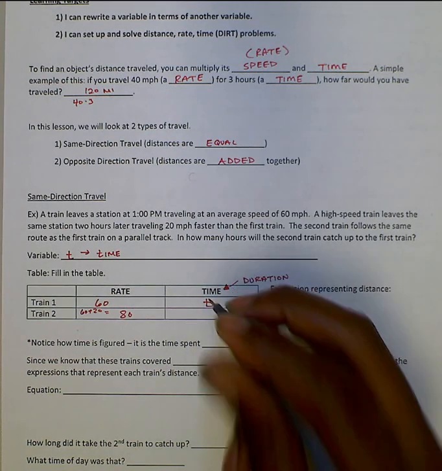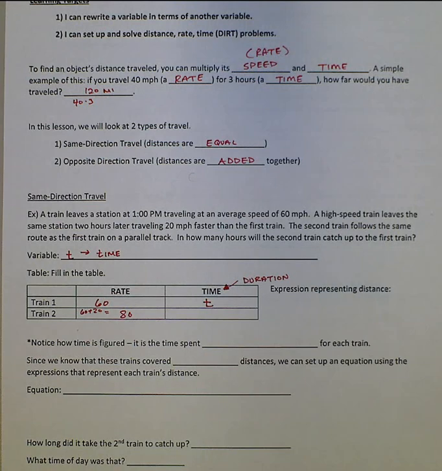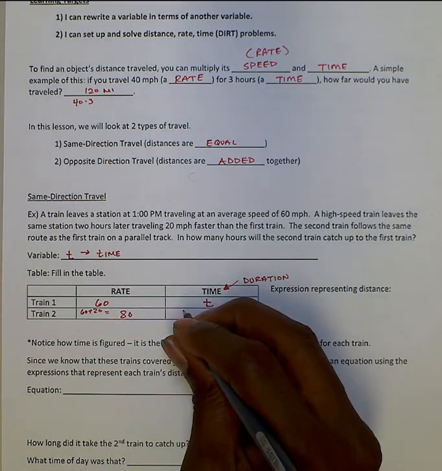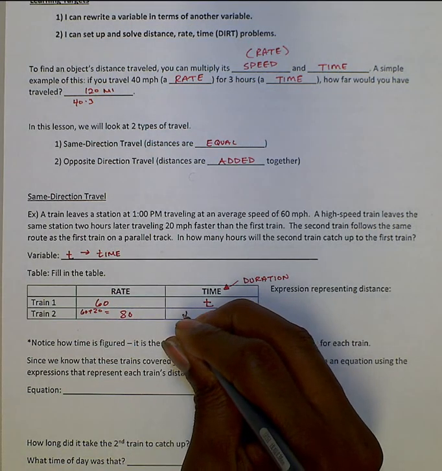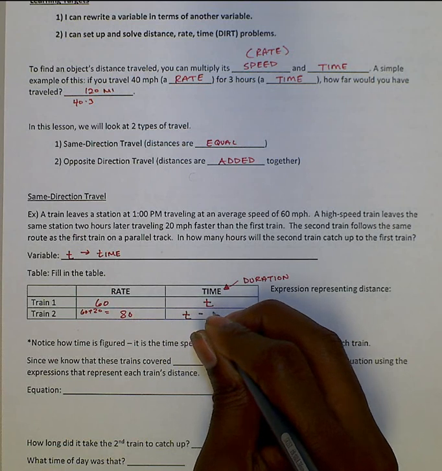So we're going to write T. The second train, we don't know how long it's going either, but realize that it left 2 hours later. So as far as duration goes, if it started 2 hours later and it's going to catch up, it's going to spend overall 2 hours less time on the track. So we can rewrite this as the time for the first train minus 2.